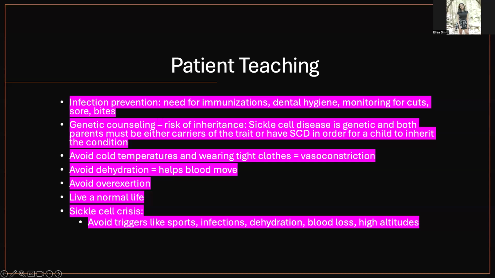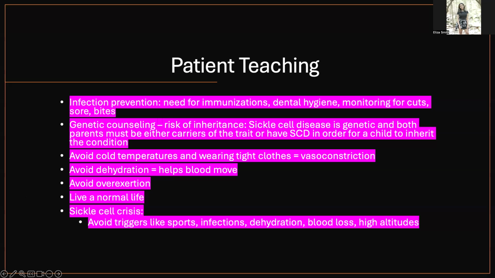So, some patient teaching that is important includes the pathophysiology of the disease. Parents, especially for children, need to understand that the disease is unpredictable. Additionally, it's important to educate on infection prevention measures. Because patients with sickle cell are more prone to infection, you want to educate them on updated immunizations, as well as flu and pneumococcal.